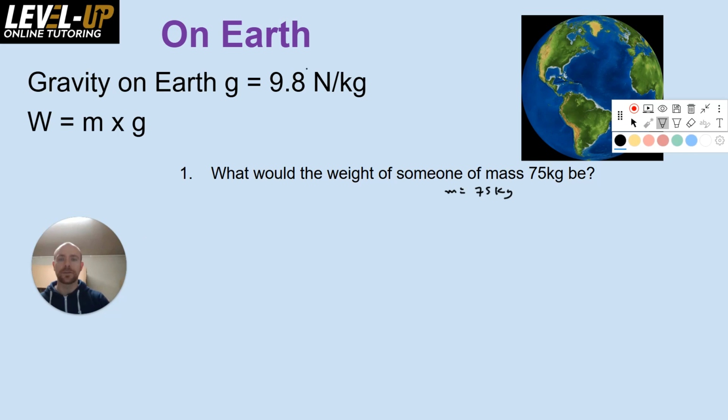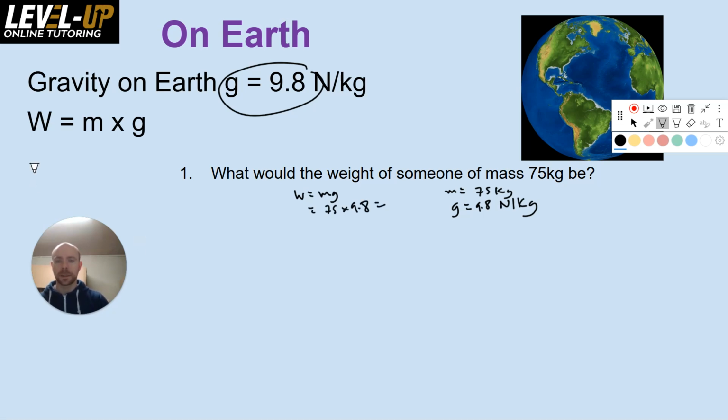We know that our value for g is 9.8 newtons per kilogram. So we can use W equals mg, which equals 75 times 9.8, which equals 735 newtons.